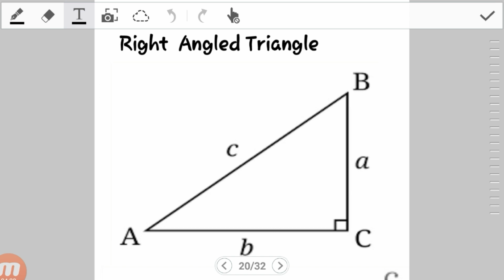Let's discuss the right angle triangle once more. We said earlier that we name angles with capital letters, and the angles are located at the vertex of the diagram. So angle A would be here, angle B would be here, and this here would be angle C.